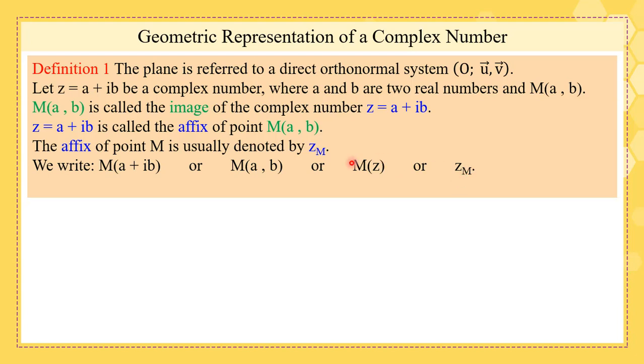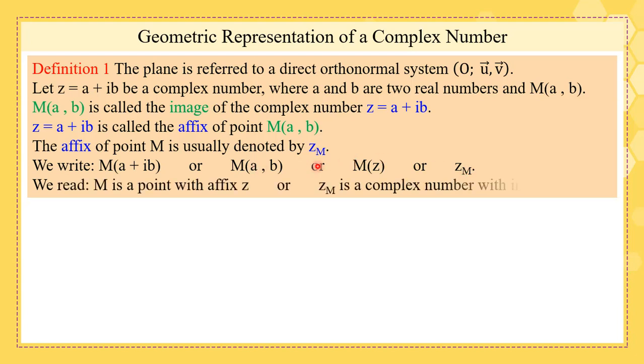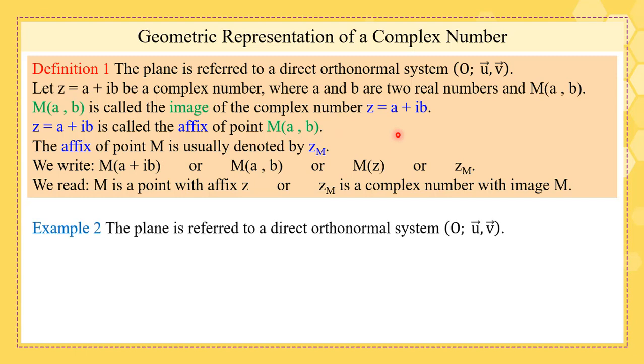All of these representations mean the same thing. We read M is a point with affix z, or zM is a complex number with image M. Now, in fact, these details are usually used at the beginning of each problem, so you have to get used to this language. Let's see.